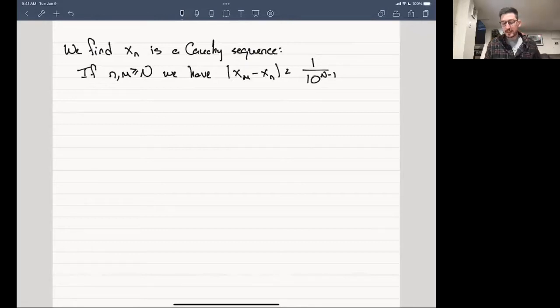Or sorry, less than that. And this is, again, just quantifying that decimal property, that you agree up to at least the first capital N decimals of your expansion here. And so this tells you that for n large enough, you can make this thing small. And this is telling you that the elements of your sequence are getting close together.